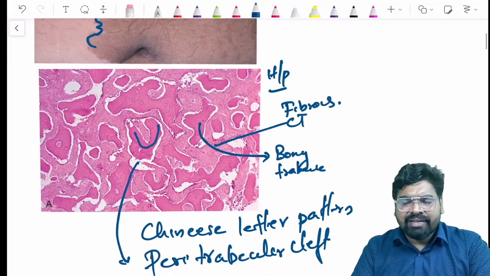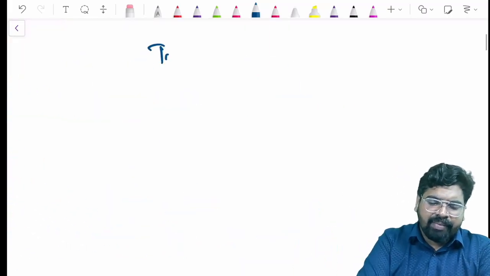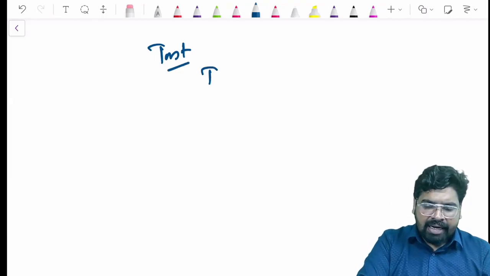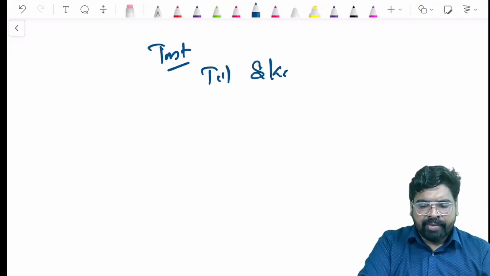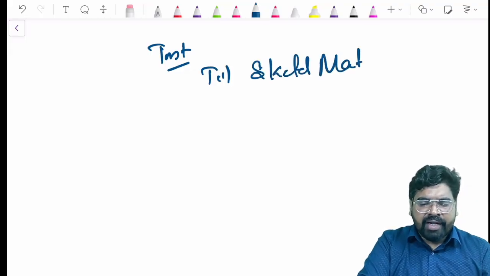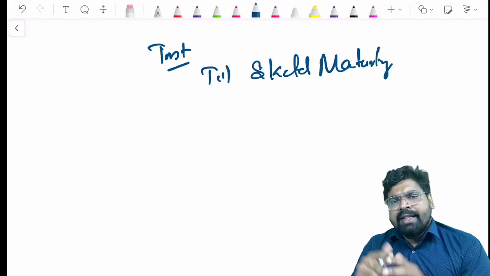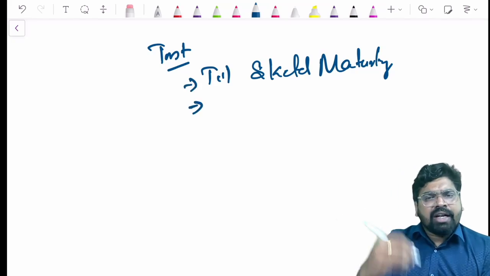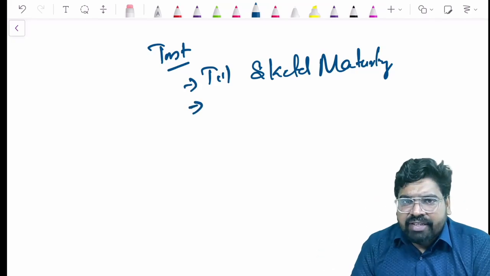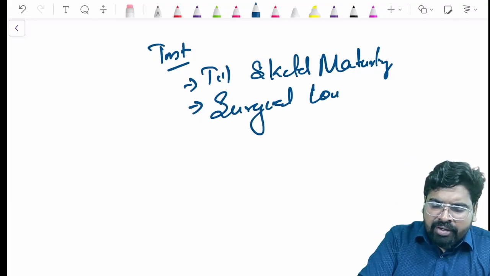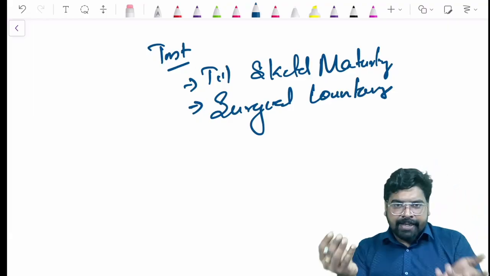Now, how do you treat fibrous dysplasia? Usually, there is no treatment required till skeletal maturity. It will let the bone mature, and then you can give surgical contouring if it is affecting the aesthetics of the person.